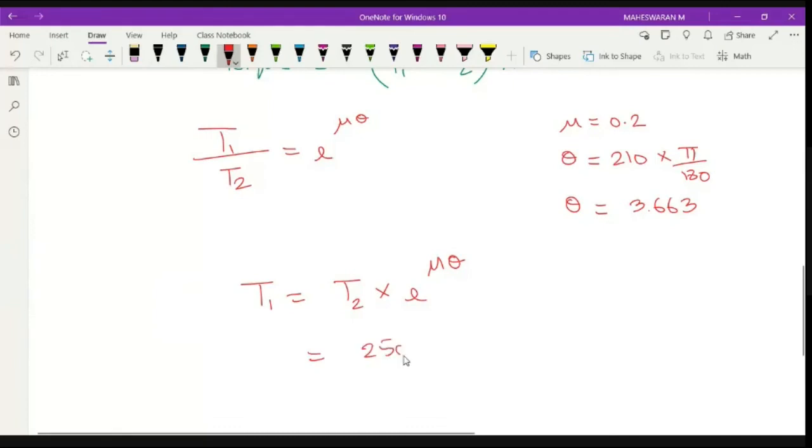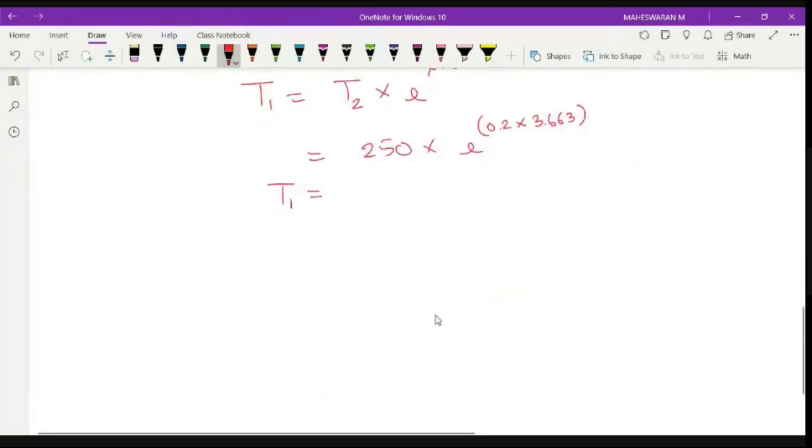So 250 into e power mu is 0.2 into 3.663. So what is the value of T1? In the calculator you have e power. Use that and find out the value of T1. It is 520.15 Newton. Very good.